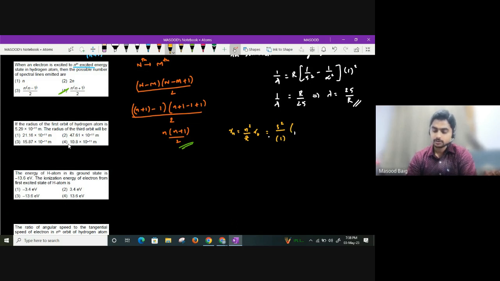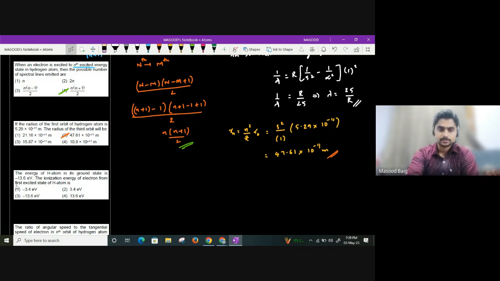R naught in the first case is given as 5.29 into 10 power minus 11. So 9 into 5.29 gives near about 47.61 into 10 power minus 11 meters. R will vary as n square by Z into R naught. 47.61 will be your answer in this case.